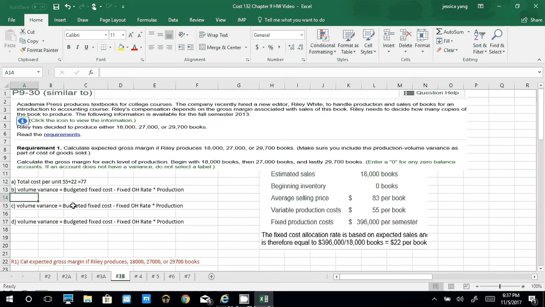To find the volume variance for the 18,000 books, we take the fixed production cost of $396,000 and subtract the $22 fixed allocated rate multiplied by the 18,000 books, which gives us $396,000.